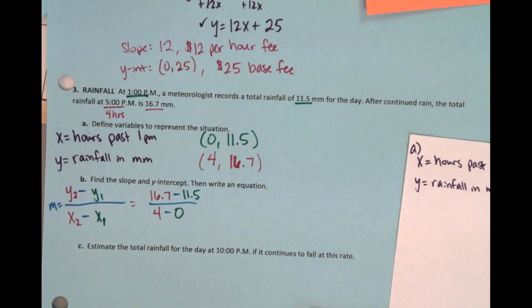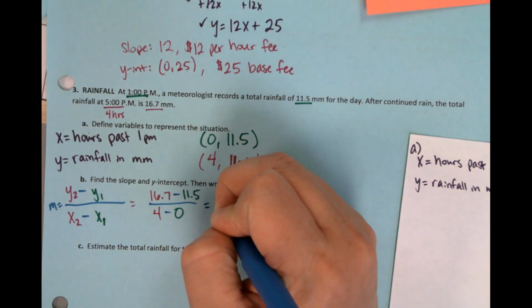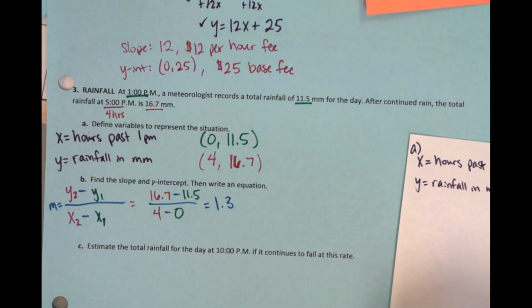I'm going to stop using all the colors now. When you do this on your calculator, you end up with 1.3. So our slope is 1.3.